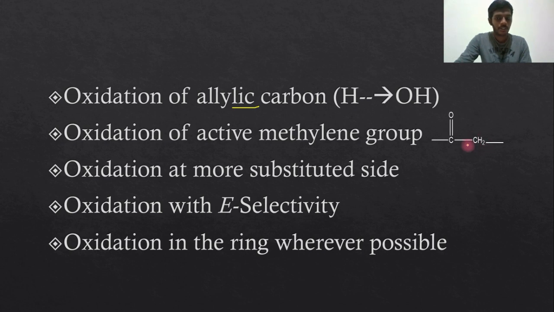The oxidation happens at the more substituted site rather than the less substituted site. The oxidation happens with E selectivity, not Z selectivity. The oxidation happens in the ring wherever possible.